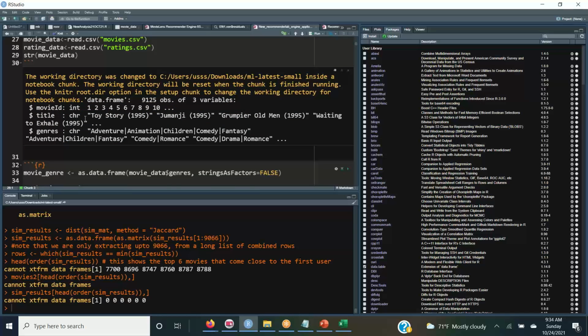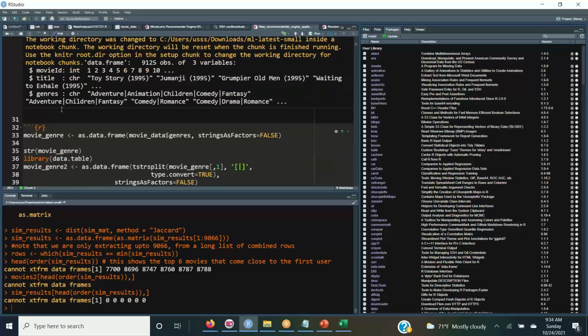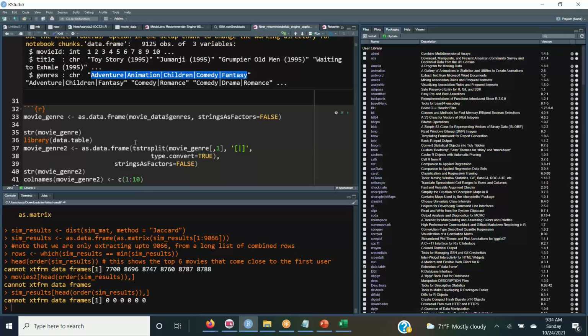Okay. And I just do str later on. All these things, I always have to take a look at the data, right? So there are only three variables: movie ID, title, genre. Genre is a complex collection of attributes, separated by the pipe symbol.